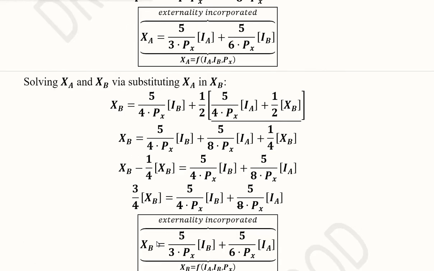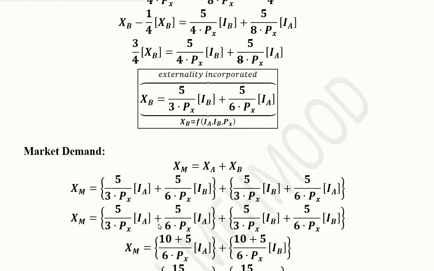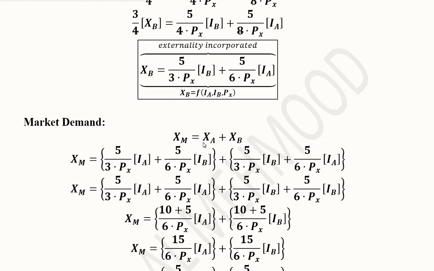Now we can sum them up to get the market demand in the presence of externalities. So here you see that the sum is to be calculated. This is the value of XM, because this is the sum of the two values. This first value in the curly bracket is XA, and this curly bracket contains the value of XB.